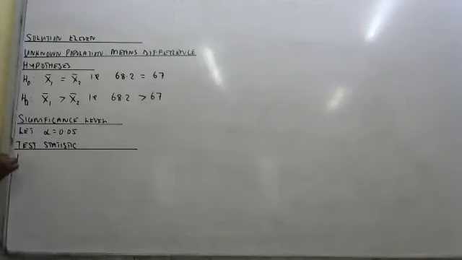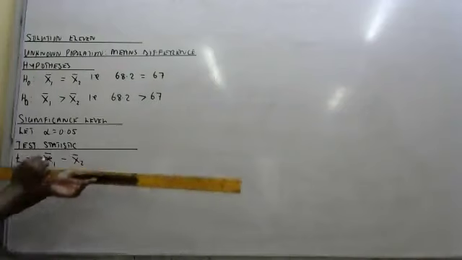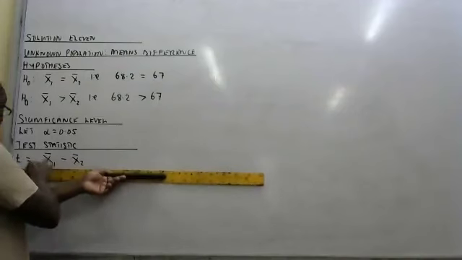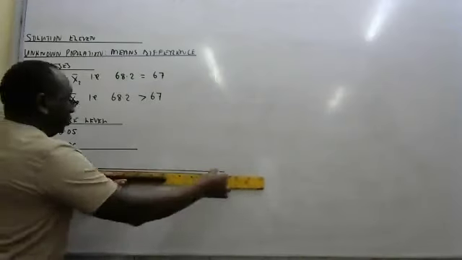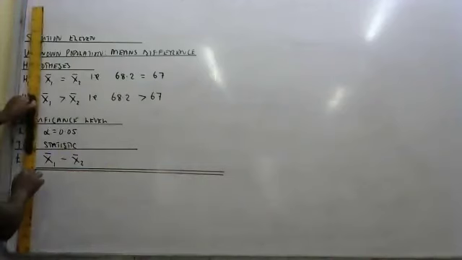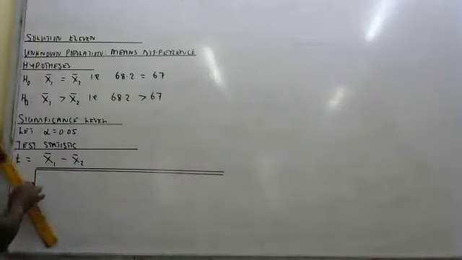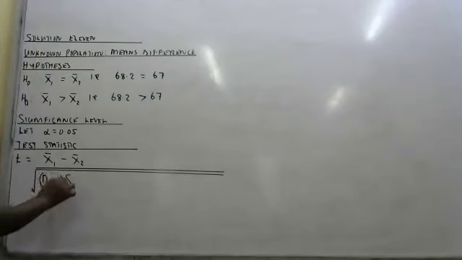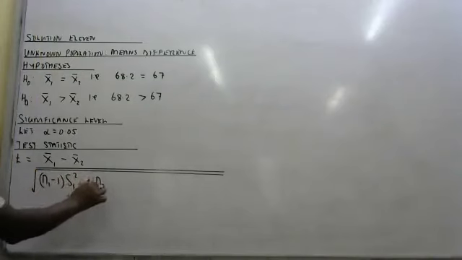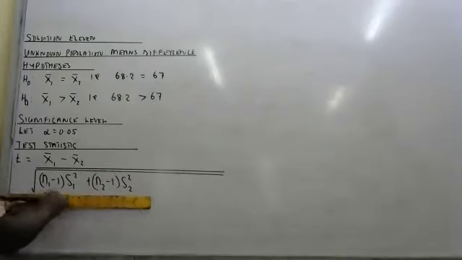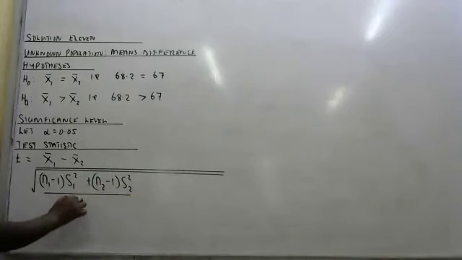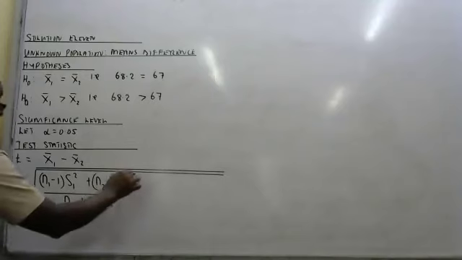Now this test statistic T is given as x bar 1 minus x bar 2, which is usually divided by the square root of n1 minus 1 S1 squared plus n2 minus 1 S2 squared, divided by n1 plus n2 minus 2.